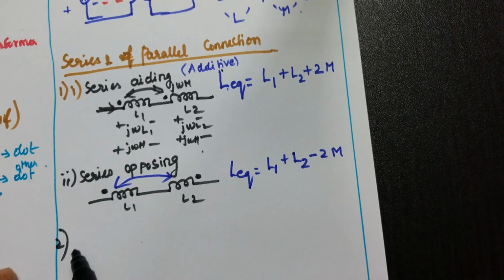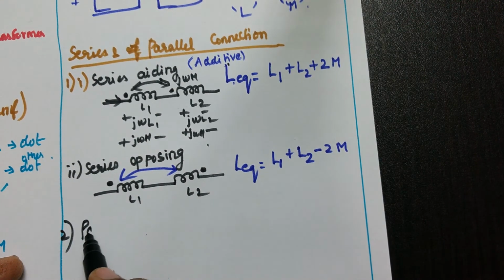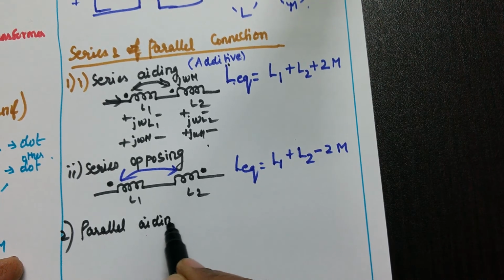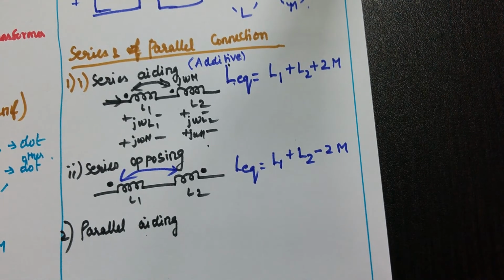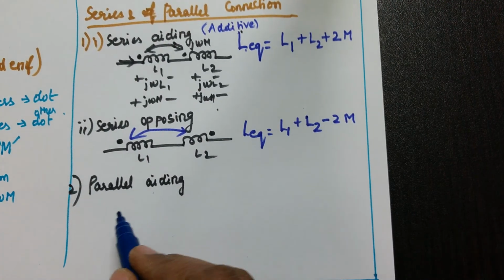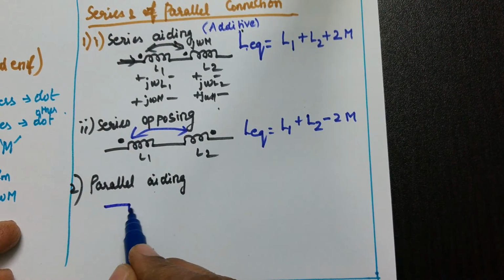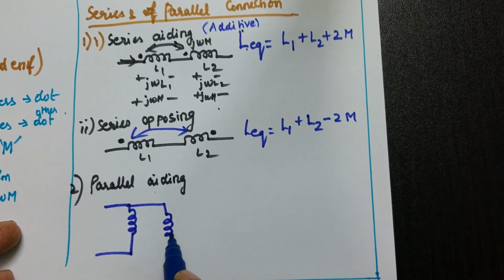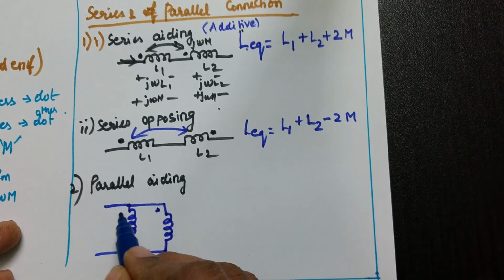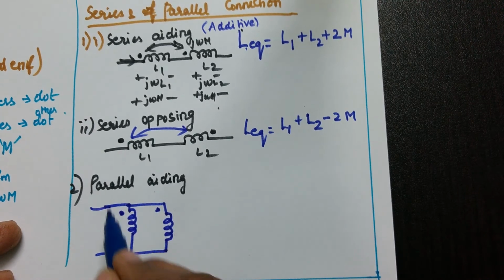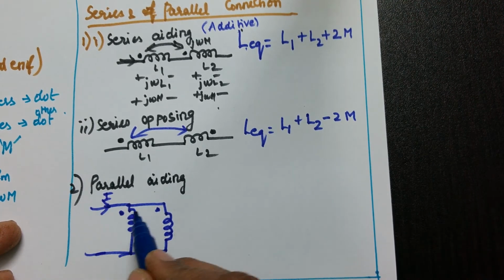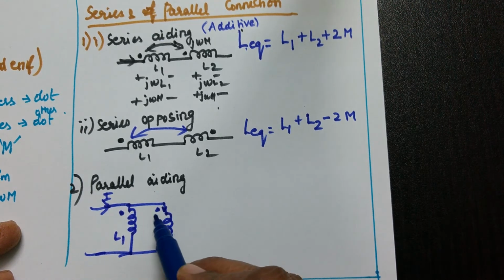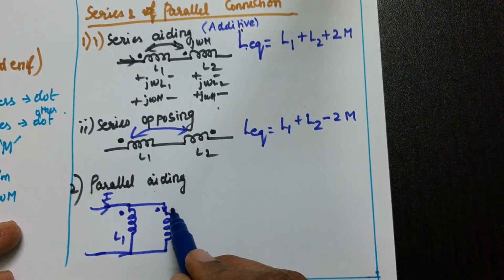And the third case, the parallel connection. For parallel connection also, parallel aiding and parallel opposing will be there. For parallel aiding, the dot is represented here. If the total current is this one, then I1 current passes through this coil L1 and I2 current passes through this dotted end L2.